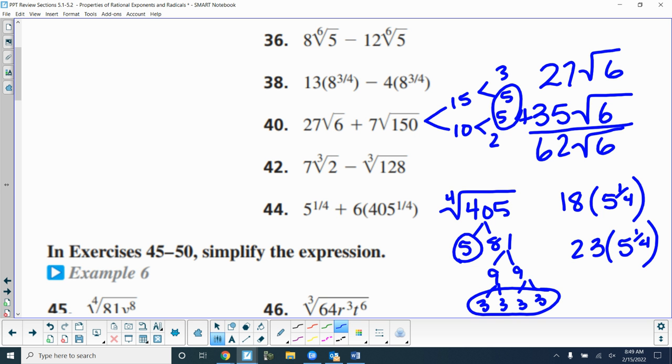Right? I pull the 3 out, there's already a 6, so it's 6 times 3, right? Yeah. So the answer should be 23. So let me fix that in my book.